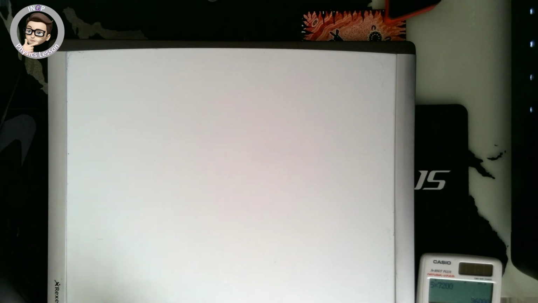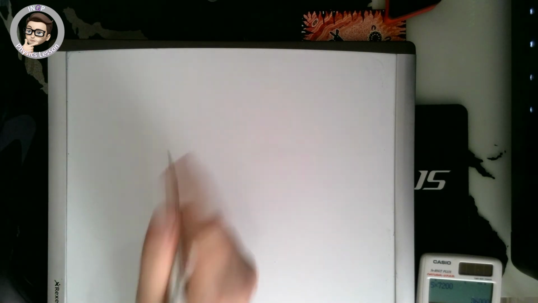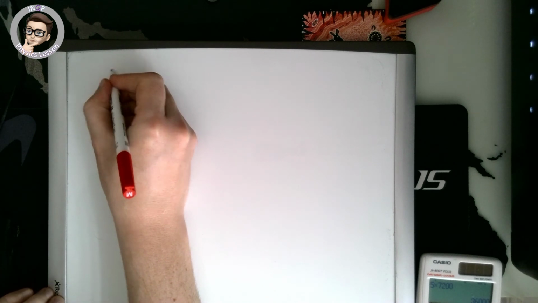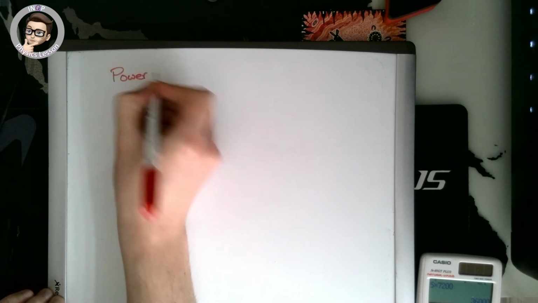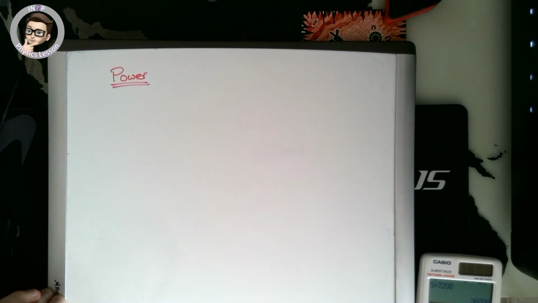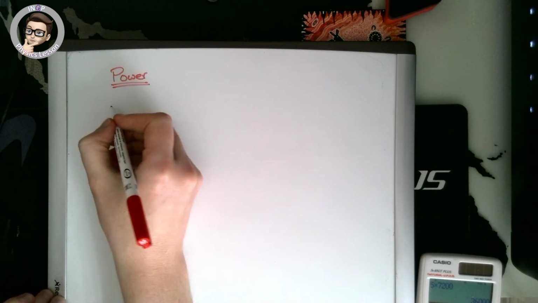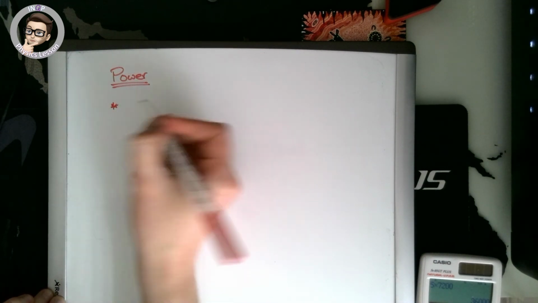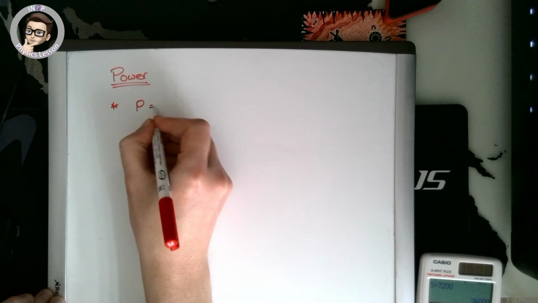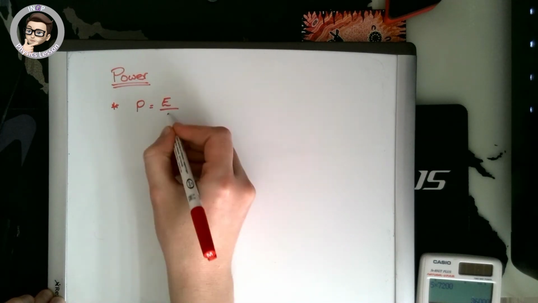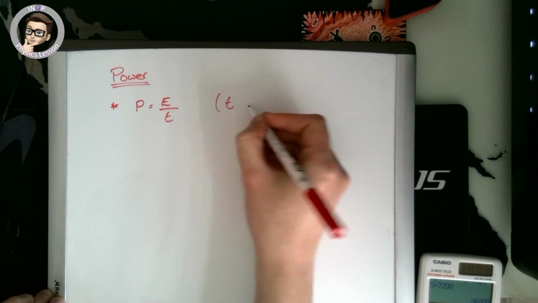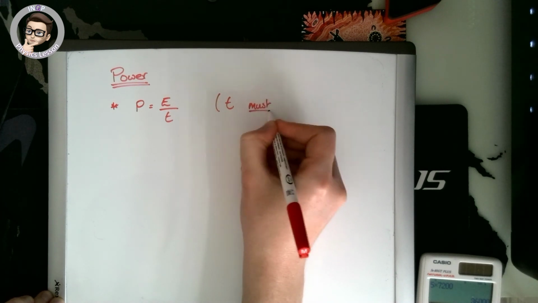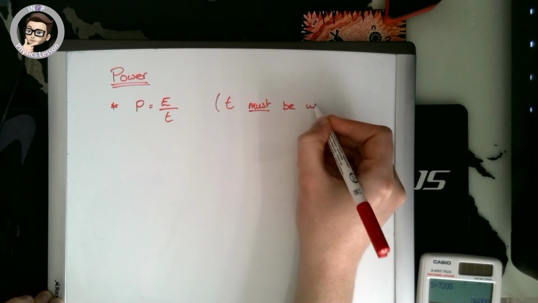So let's just do a final recap of the lesson we've just done. We were learning about power, and we've learnt that there are numerous equations for power we can use. We have the typical power equation, which is power equals energy divided by time, remembering that time must be in seconds.